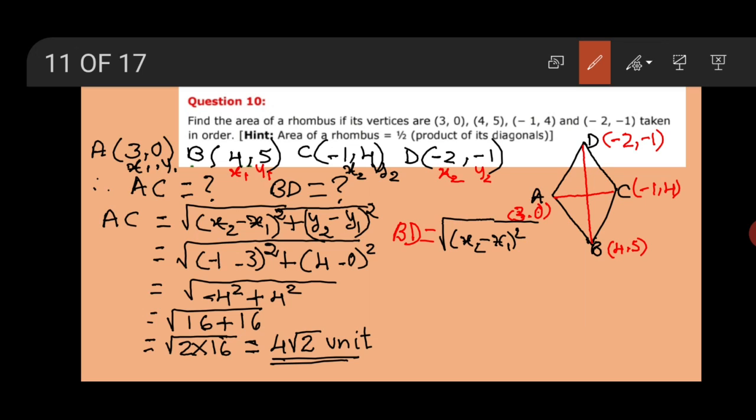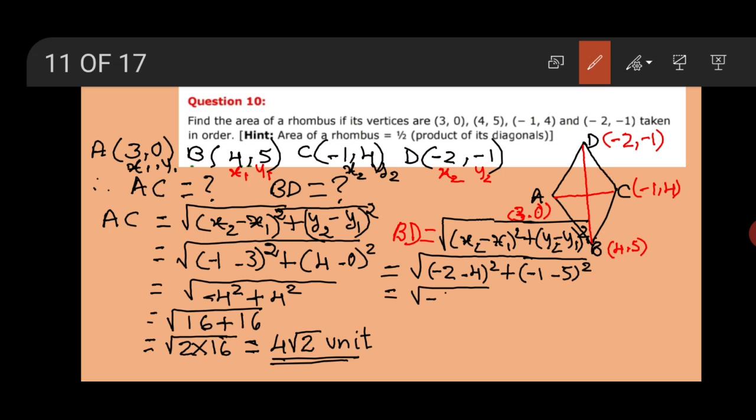BD is equal to square root of (x2 minus x1) whole square plus (y2 minus y1) whole square, is equal to square root of x2, which is minus 2, minus x1, which is 4, whole square, plus y2, which is minus 1, minus y1, which is 5, whole square.